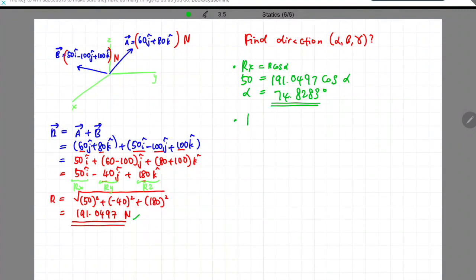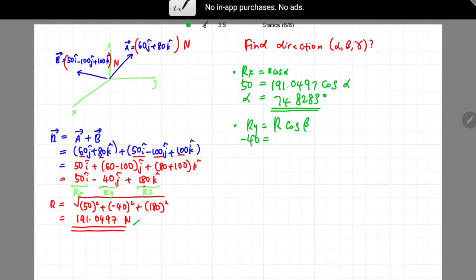Okay, you can use the same formula to calculate the angle beta. Cuma this time around, you pakai formula Ry equivalent to R cos beta. So, Ry is known, which is negative 40, and your R is already calculated earlier, which is 191.0497. So, you can calculate your beta simply from that equation. Use your calculator and you will get the beta angle to be 102.0854 degrees.